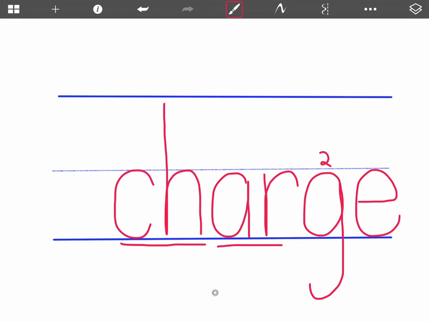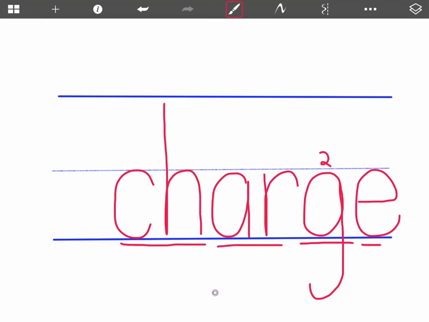And now let's review this rule. It's the CG Rule 3. The letter G before E, I, or Y may say J. The final E can make G, J, say J when it wants to. So we're going to mark this rule by underlining the letter G once as part of the rule. We have a small number 2 to tell us it's the second sound.